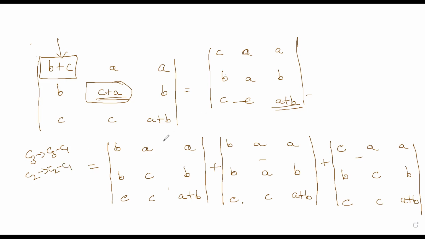So if I do that, what happens, you see, here this becomes A minus B. And this part is 0. And A plus B minus C. And now here you will get A minus B. Here C minus B. Here I'll get a 0.